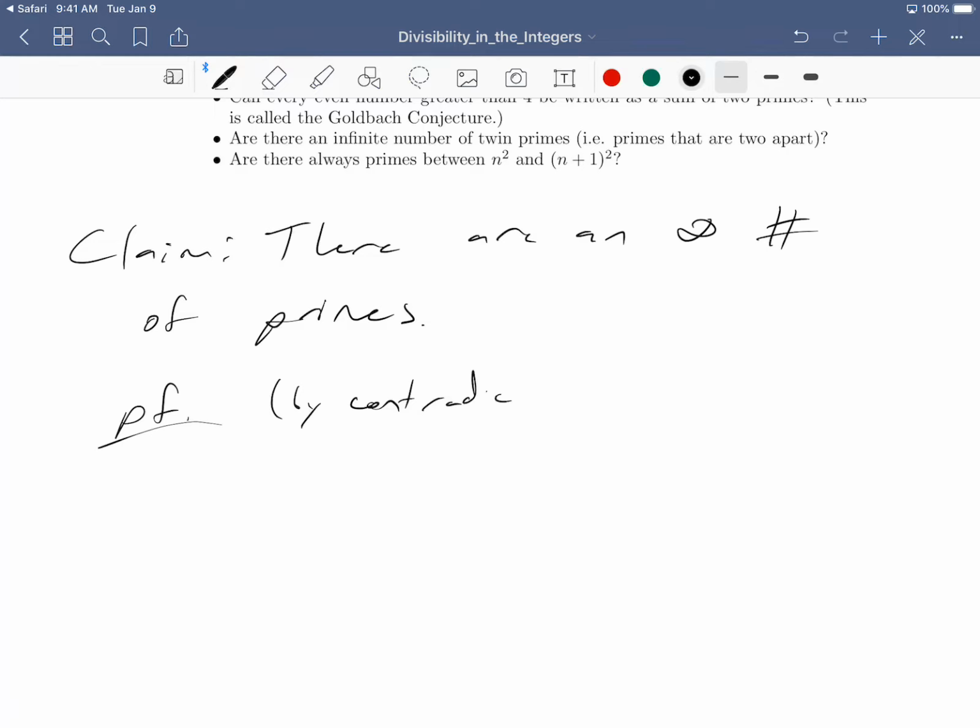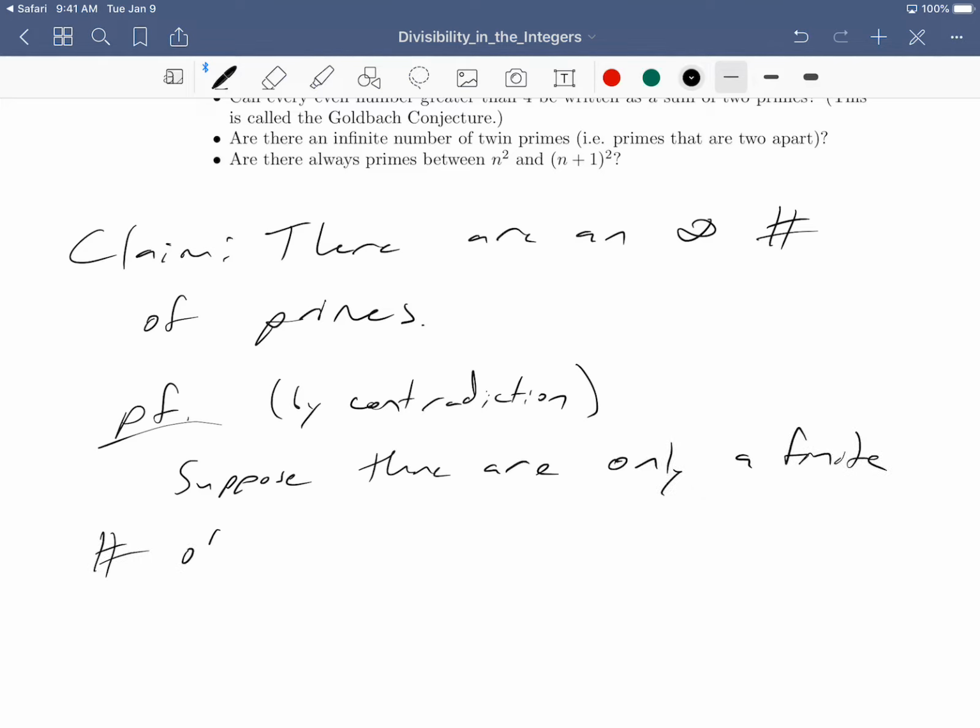So what this means is if we want to prove that there are an infinite number, we're going to say, what if they're a finite number? So suppose there are only a finite number of primes.